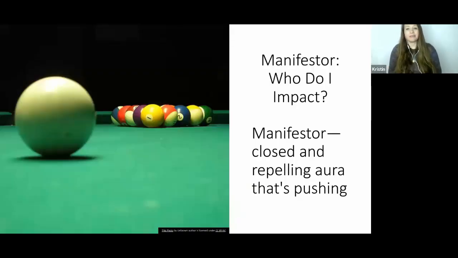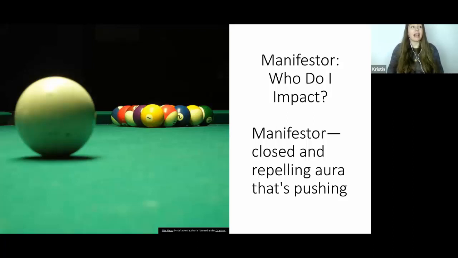The manifestor. Now, the manifestor's aura is not open. In fact, it's closed and it's repelling. The projector needs to be around sacral energy sometimes to get that life force energy, to feel energized so that it can go do something. But the manifestor doesn't, not necessarily.